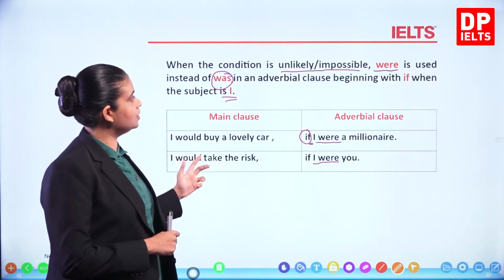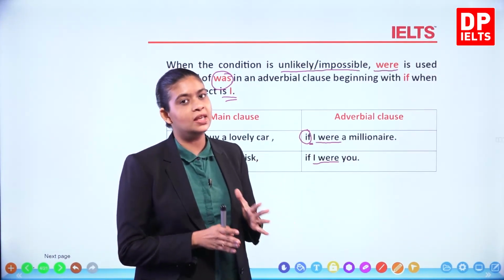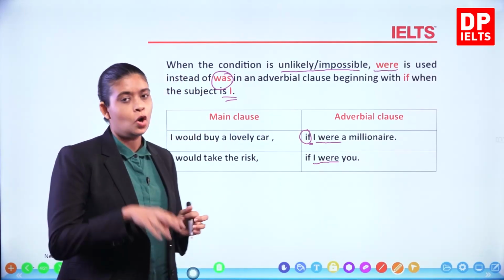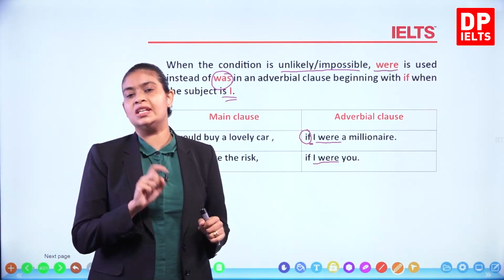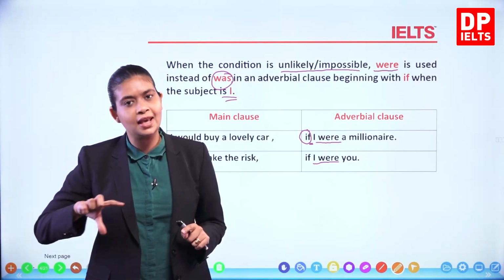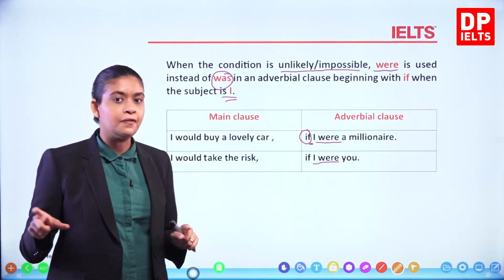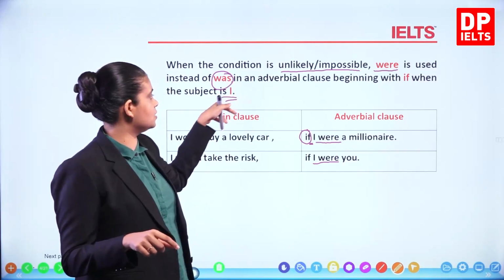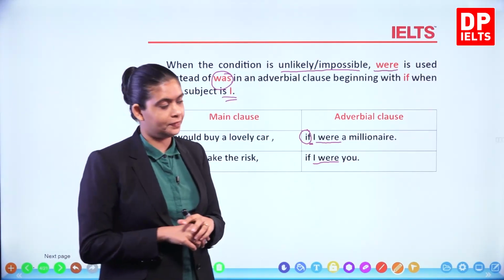Then, if the condition is unlikely or impossible to happen, were could be used instead of was in the adverbial clause if the subject is I, right?